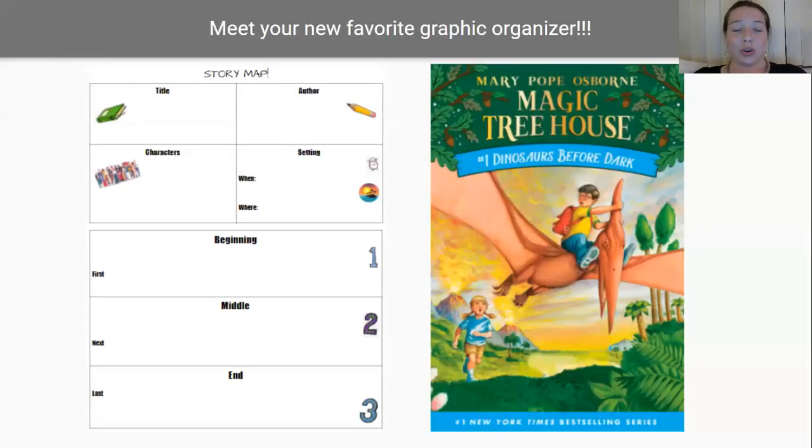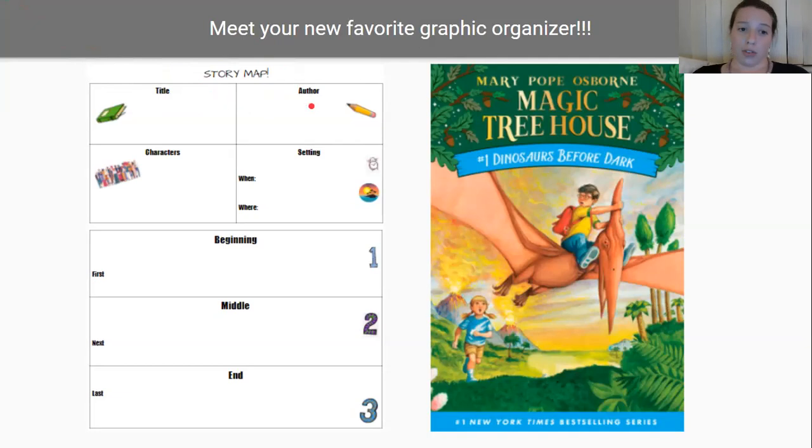So in third grade, we're going to be using this graphic organizer, both when we are breaking down stories that we are reading in class, as well as when we are creating our own stories in writing. It looks like this. It says story map. The title is going to be whatever the title of the book that you're reading is, or the title of the piece of work that you are creating.